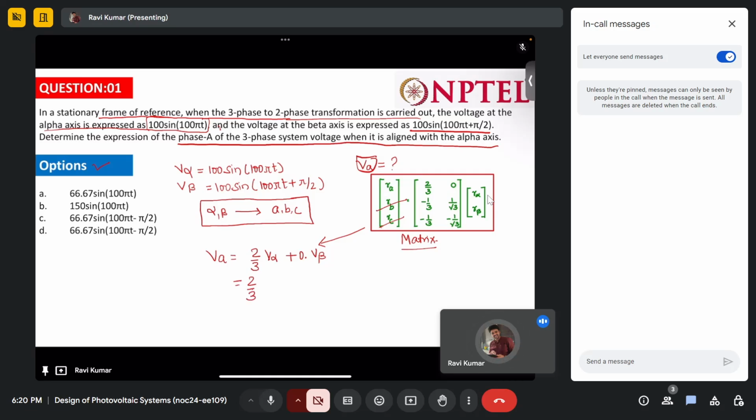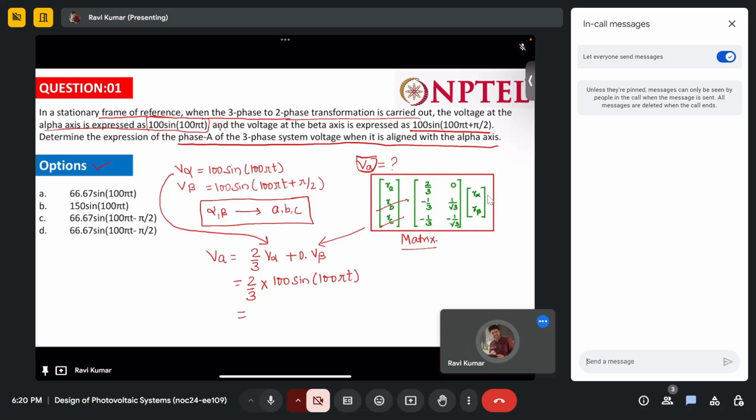From here we can get this V alpha, which is 100 sine 100 pi t.